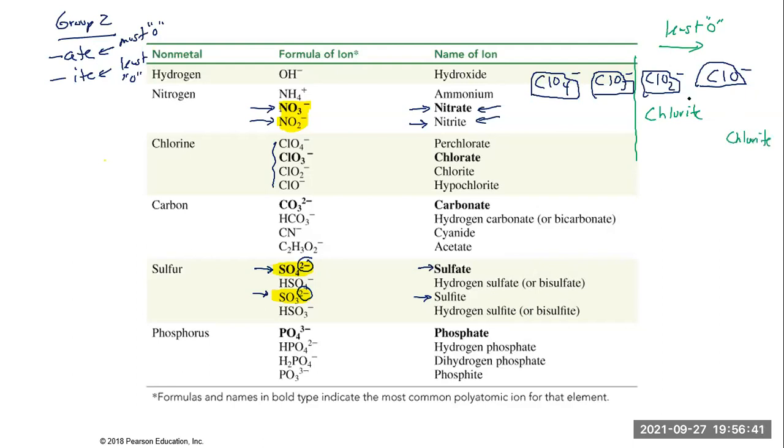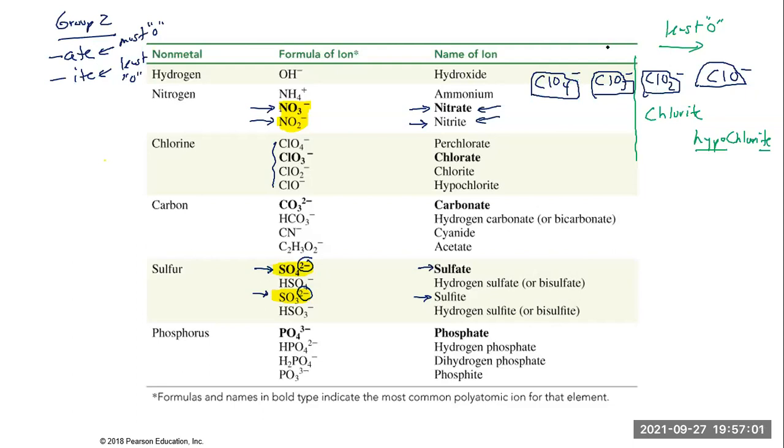Obviously, they both can't have the same name. So when we have a group of 4, the one with the least number of oxygens in that group of 4 will end with ite, but will also start with hypo. So that is hypochlorite. Then the one with the second least oxygens is chlorite.